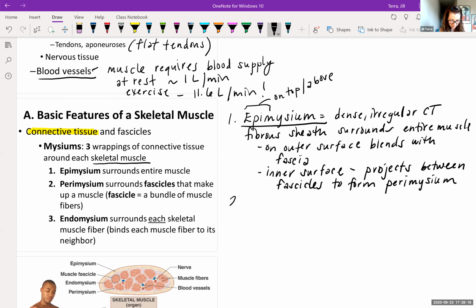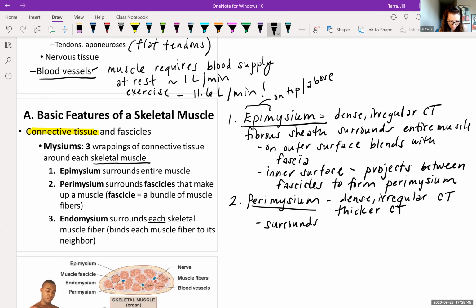So perimysium is this more middle wrapping of connective tissue, and it is a dense, irregular connective tissue, but it is a thicker connective tissue wrapping compared to the epimysium. And what it does is it is surrounding these little bundles of muscle fibers that are called fascicles.